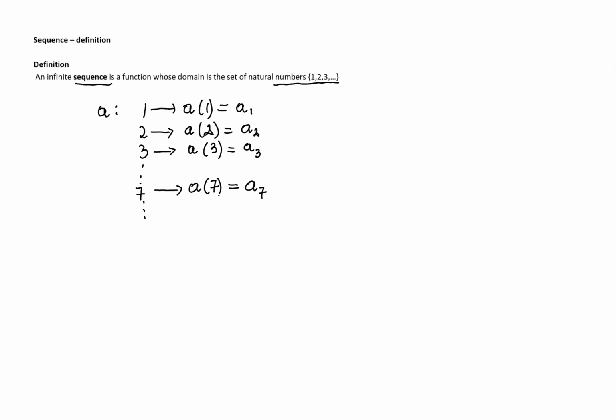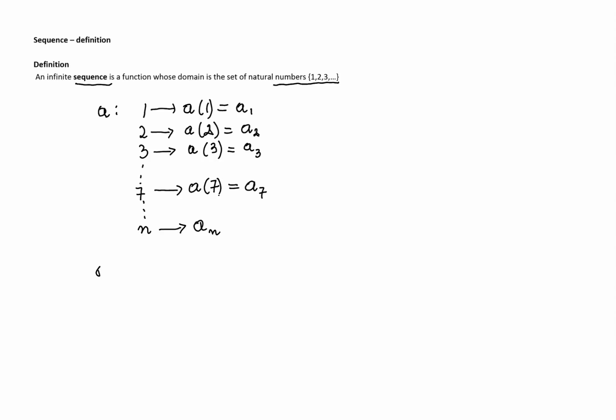Since we denote integers by letters like M, N, K, I, J, we can say, in general, function A will take a natural number n and assign to that the value A sub n. We can actually write a sequence as a succession of numbers in the order that corresponds to the order of inputs.